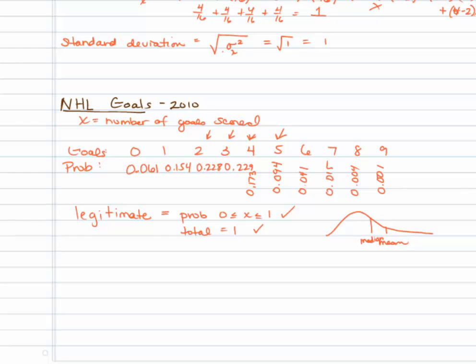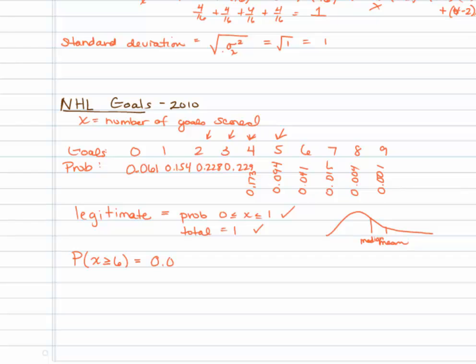Let's see what other questions could possibly be asked. Before we calculate the mean, can you figure out what the probability of scoring more than or equal to 6 goals?